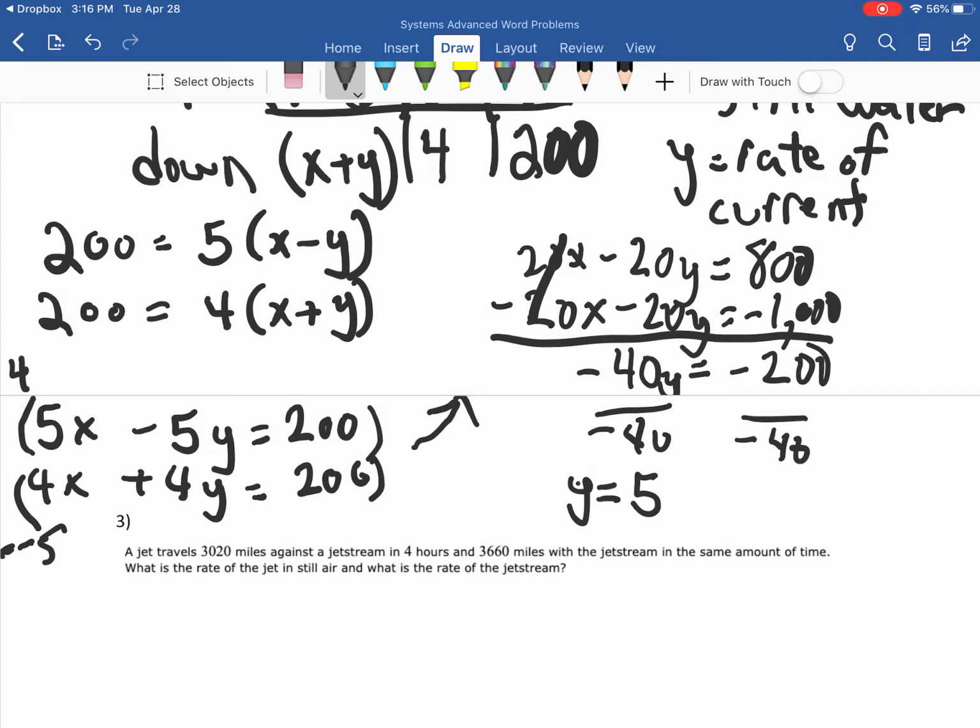Okay, and then let's substitute into the top over here. So we're going to get 5x minus 5 times 5. I really need to leave more space in these problems.